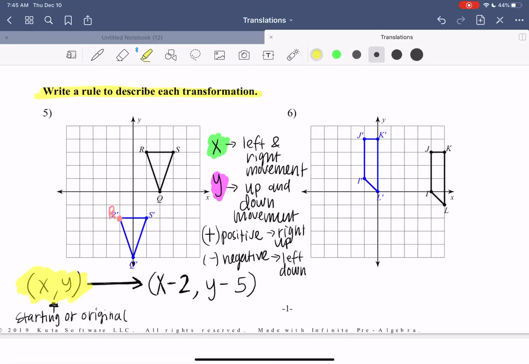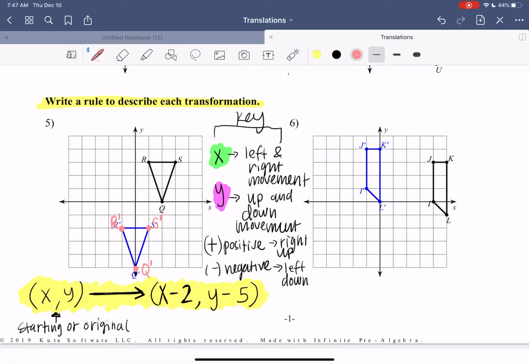So we're going to look back at our rule, and we're going to take our Y, which is up and down, and we know that we're going to move down because of a negative, and we're going to move it 5 times. So take our Q and move it 1, 2, 3, 4, 5. And look at that. We made it right to the vertex, and there becomes our Q prime. All right. So now we have our new translated shape in our new location, and here is the rule.